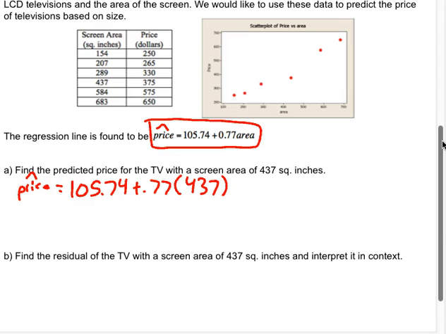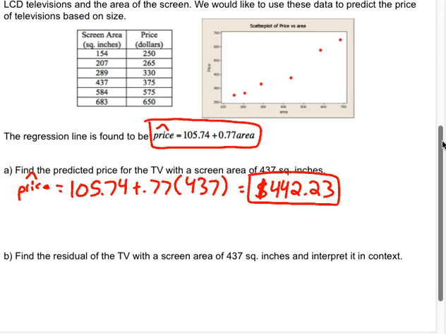So 105.74 plus 0.77 times 437. So the predicted price is going to be that much, okay? We're predicting it's going to cost about $442.23 based on our equation.